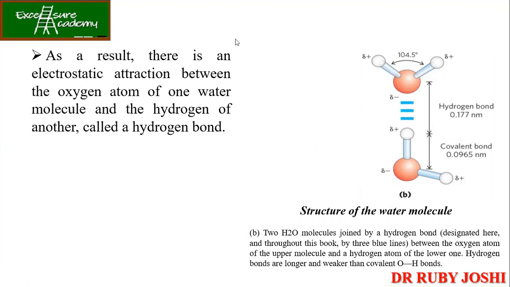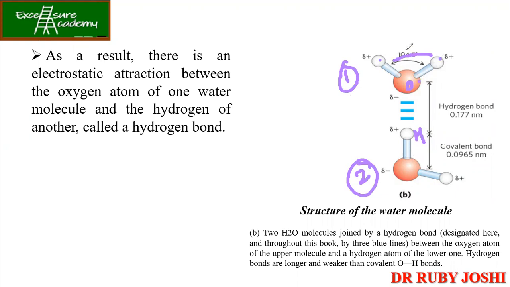So look at the structure over here. This is the first water molecule, and this one is the second. This is the oxygen over here, and this is the hydrogen. You can see that in both cases, this is the angle between the HOH.